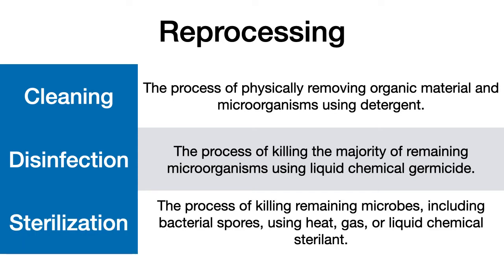And sterilization is killing the remaining microbes, including the bacterial spores. And one can use either heat, gas, or liquid to clear off all the microorganisms, including the spores. So we learned about three important definitions: cleaning, disinfection, sterilization.